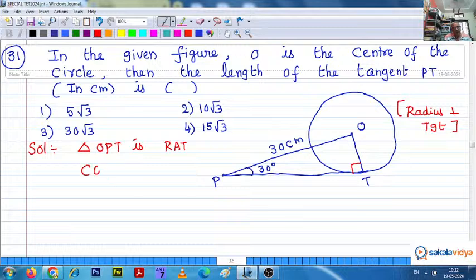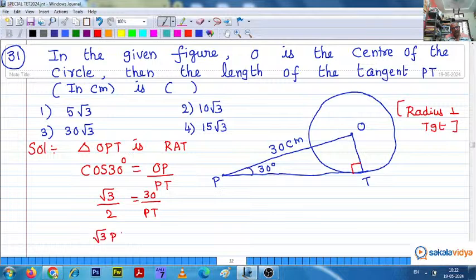Here for this angle, this is the adjacent side, this is the hypotenuse side. So you find cos 30 degrees. What is cos 30? Cos 30 is equal to the adjacent side, that is OP, over the hypotenuse, the length of the tangent PT. So cos 30 is √3/2, whereas OP is 30 by PT. Cross multiplication: √3 PT is equal to 60.